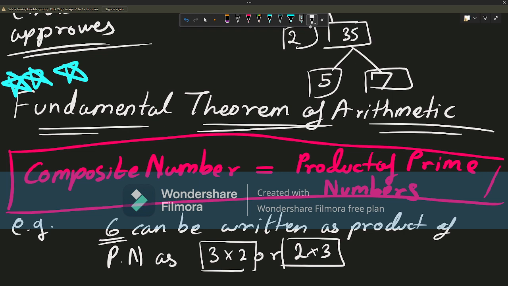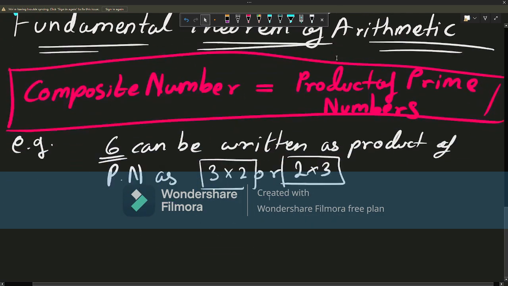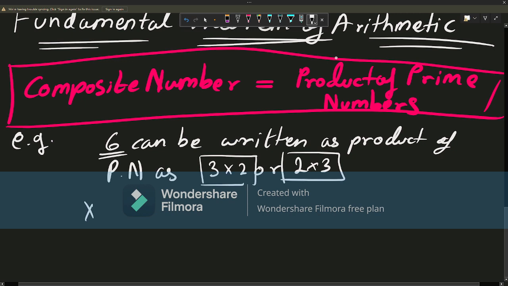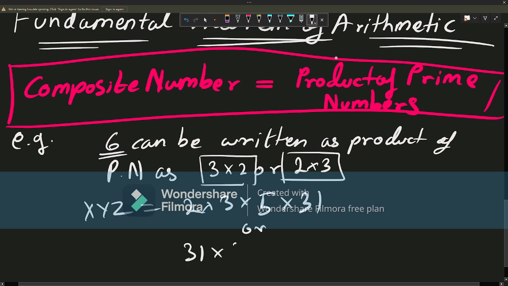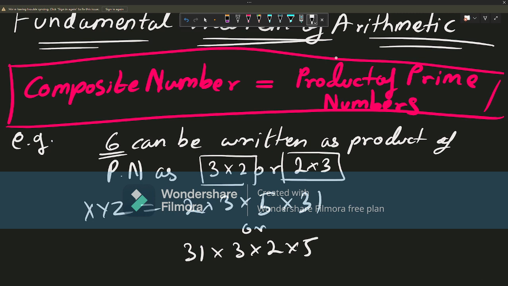It couldn't have more factors other than one and the number itself. So you can write it first also. Let me show it. Suppose a number has the factors 2 into 3 into 5 into 31. Even if you write it like 31 into 3 into 2 into 5, or any other way you wish.